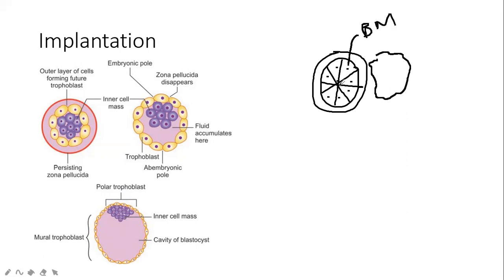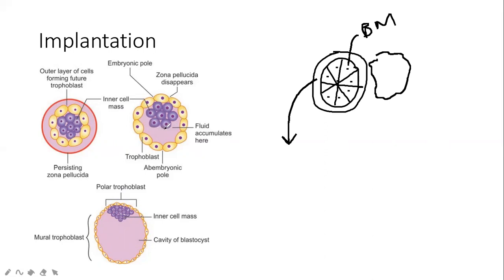So in the journey to implant, moving from the ampulla to the uterine cavity, fluid will enter through the zona pellucida. At first we have the blastomeres there, and the fluid will accumulate over there.